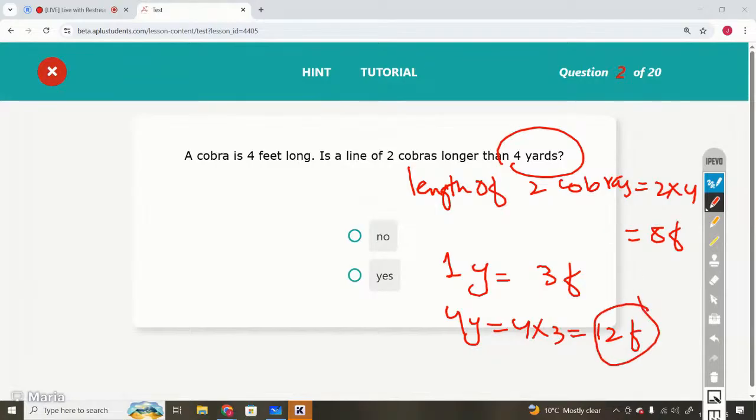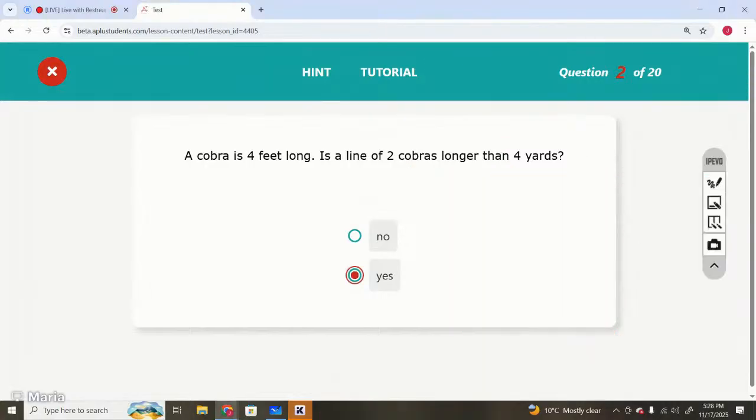Yes, because 4 yards is equal to 12 feet, and the length of 2 cobras is 8 feet. So the correct option is yes.